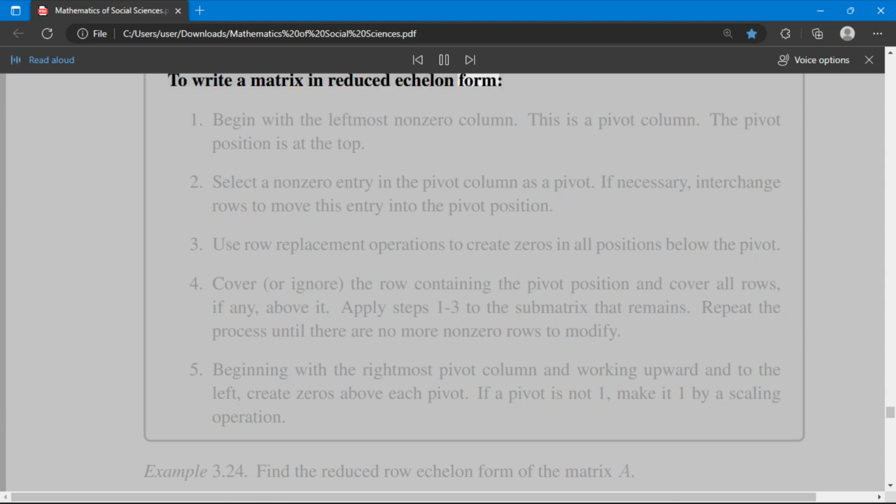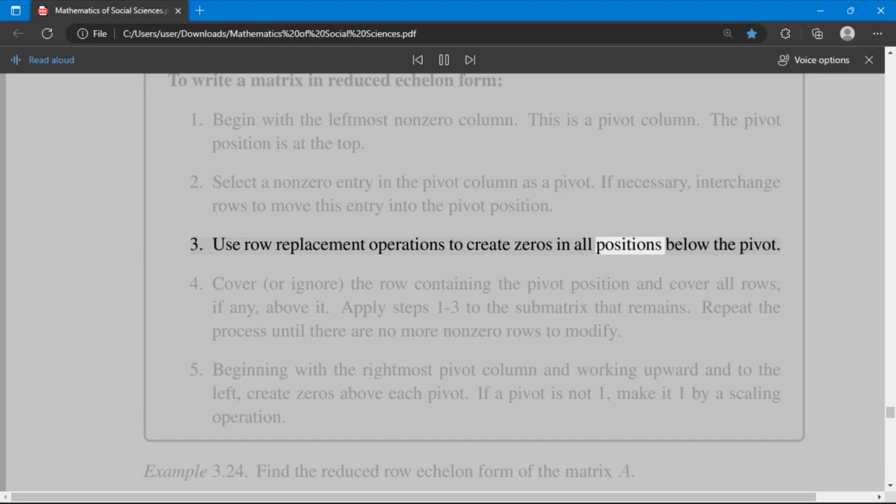122. To write a matrix in reduced echelon form. 1. Begin with the leftmost non-zero column. This is a pivot column. The pivot position is at the top. 2. Select a non-zero entry in the pivot column as a pivot. If necessary, interchange rows to move this entry into the pivot position. 3.